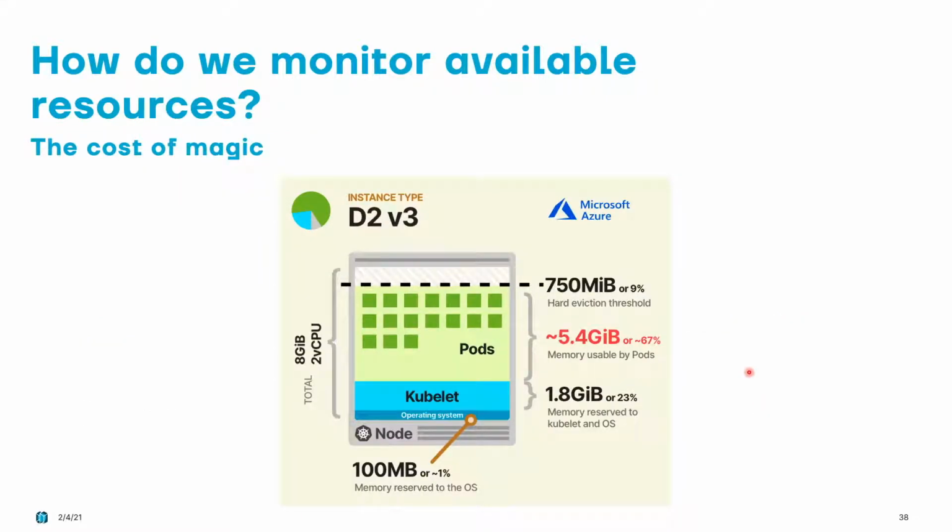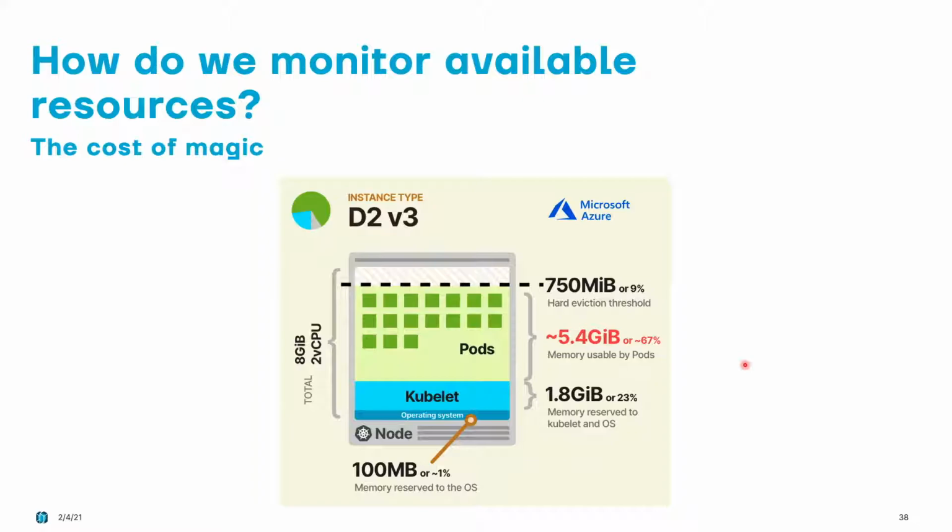So there's obviously the 2 gigabytes of RAM that you get for your virtual machine. Each virtual machine in your node pool is the total resources that machine has. That includes everything that you need to run Kubernetes itself. This screenshot, I took from a blog. This is an example of how on Azure this is distributed.